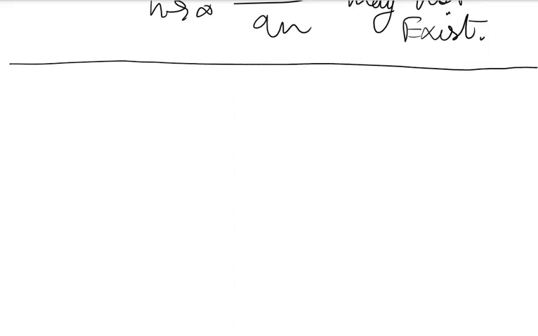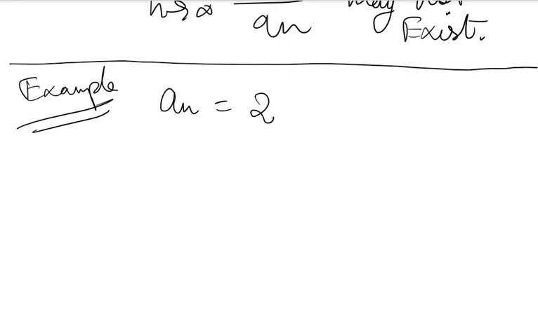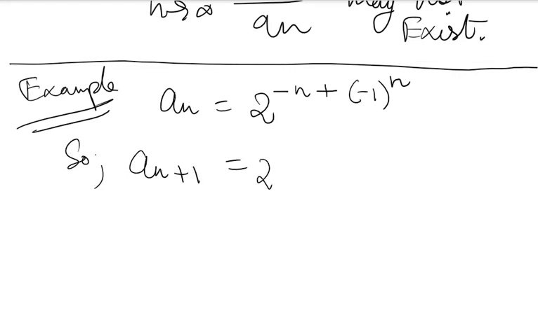So example, let us take a_n to be 2 to the power minus n plus minus 1 whole to the power n. So what is a_(n+1)? a_(n+1) is 2 to the power minus (n+1) plus minus 1 whole to the power n+1.